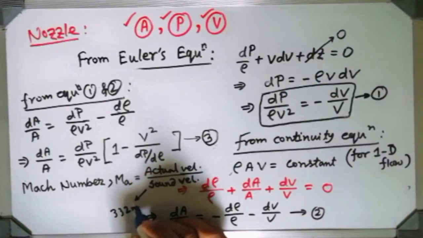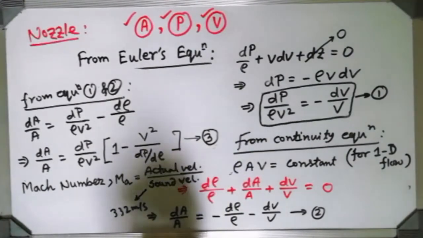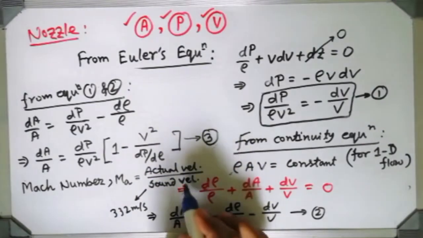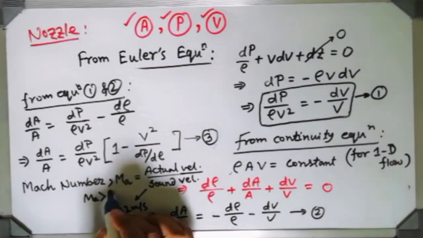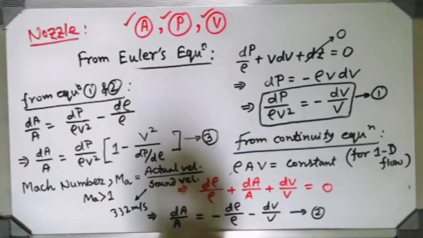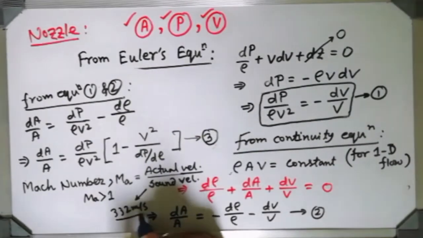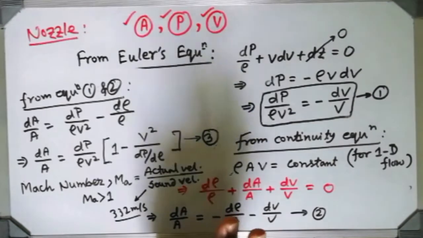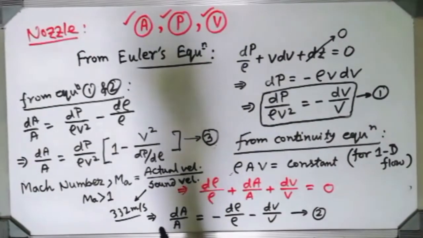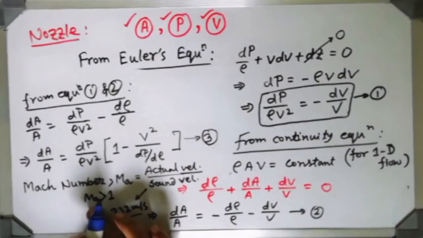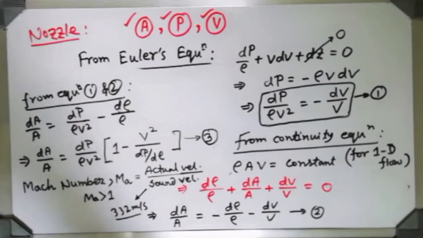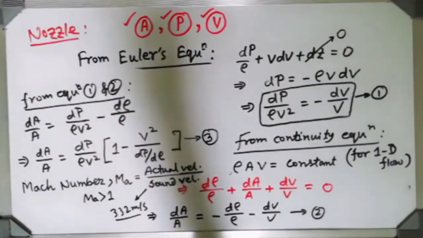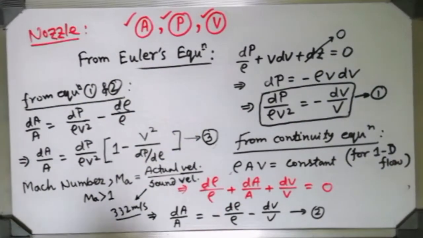We all know this. If the object velocity is more than this, then the Mach number will be more than 1, obviously. Because a fighter plane always flies through the air, if the Mach number value is greater than 1, then we say the object is flying with a supersonic speed, and it will create a boom sound.